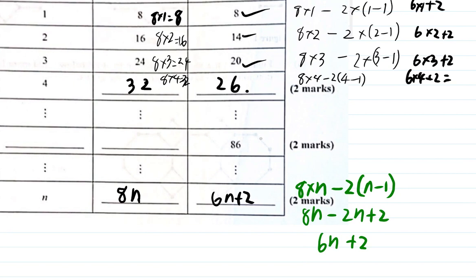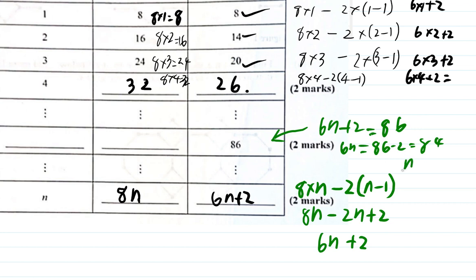So here now, for this part, 6n plus 2 equals 86. You want to work it out. Subtract 2 from both sides. You have 6n equals 86 minus 2, which is 84.